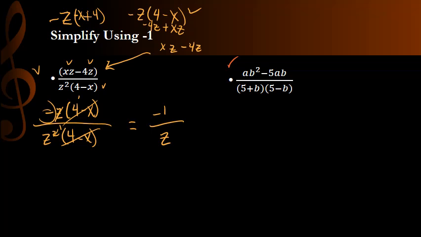And in my denominator, I've got 5 plus b times 5 minus b. Well, let's do this the long way. I can factor out an ab at the top, so that would give me ab times b minus 5 over 5 plus b times 5 minus b.